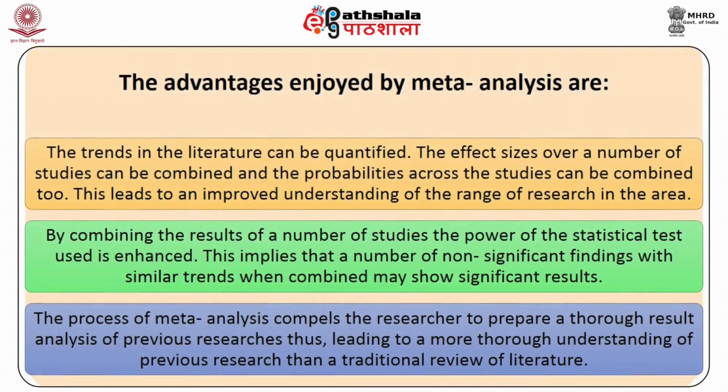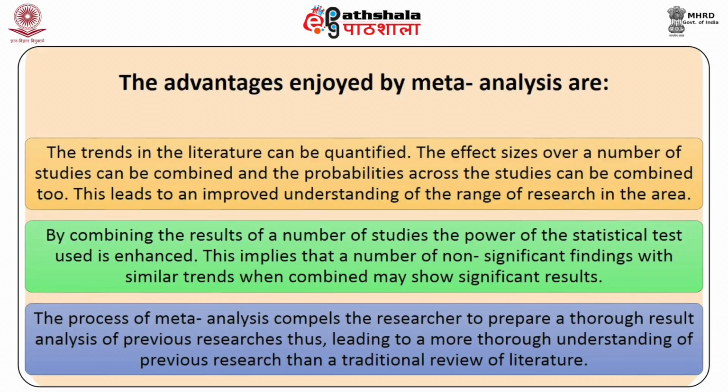The meta-analysis enjoys certain advantages over the traditional literature review. Some of them are: the trends in the literature can be quantified. The effect sizes over the number of studies can be combined and the probabilities across the studies can be combined too. This leads to an improved understanding of the range of research in the area.